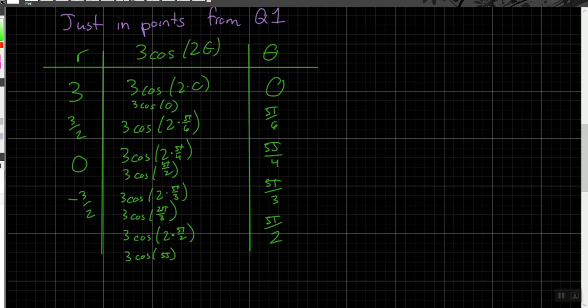Okay, last one. 3 cosine of 2 times pi halves. Simplifies to pi inside. So what is cosine at pi? -1. And what's -1 times 3? -3. Right? So cosine is our x values.